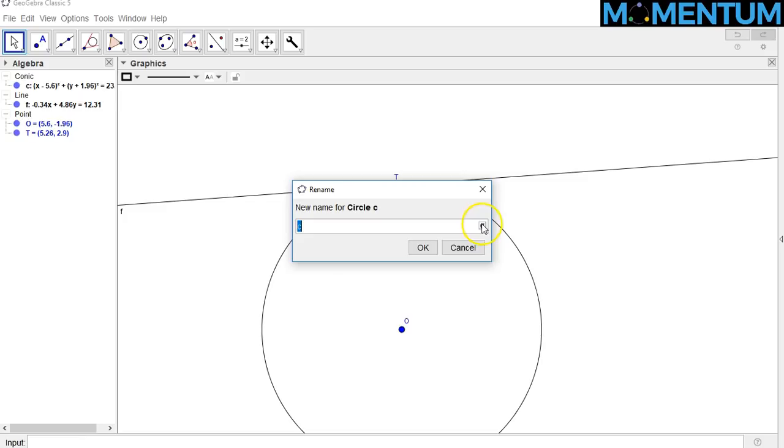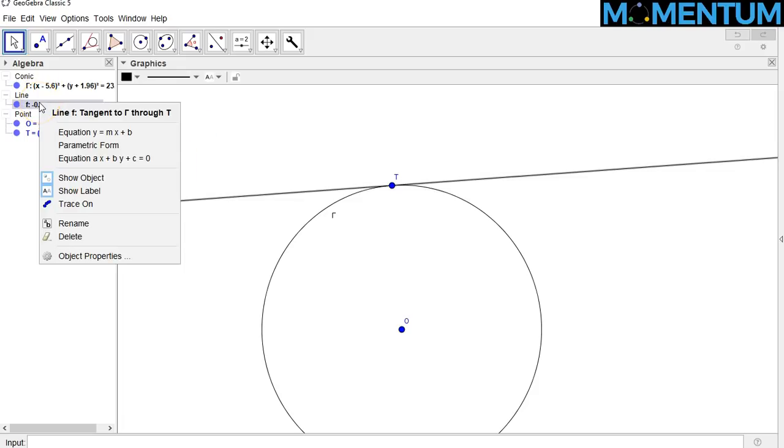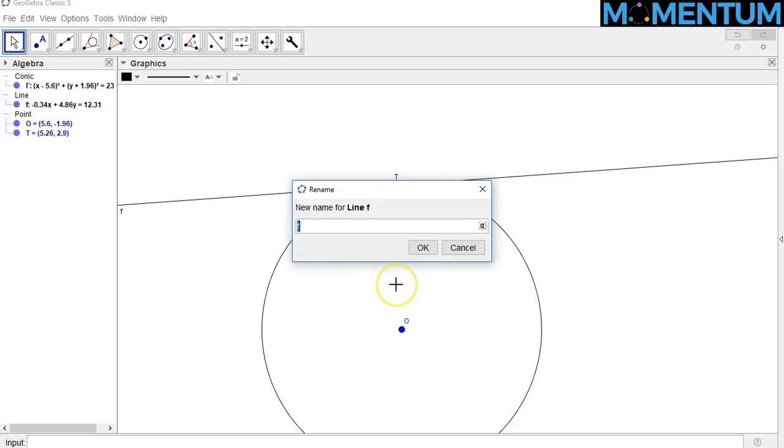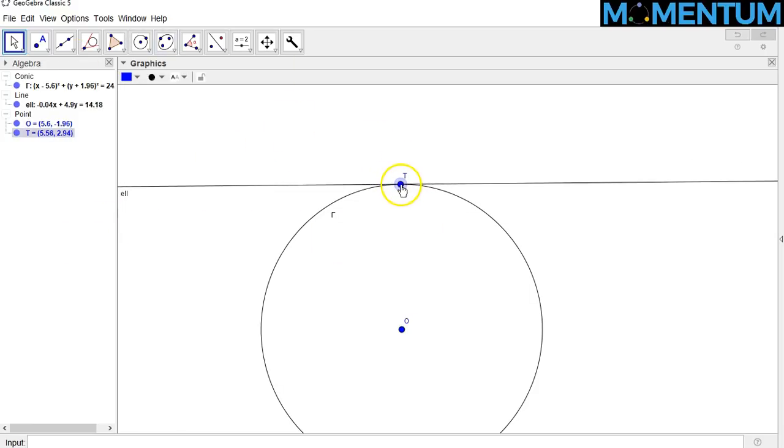The problem clearly says the circle is gamma, so let's call it gamma. Awesome. And this line is L, I believe. Yes. Rename it as L. Because I don't have an option to have a curly L, I just wrote it like this. Further, when you read the question, it might be a good idea to make the line look horizontal.